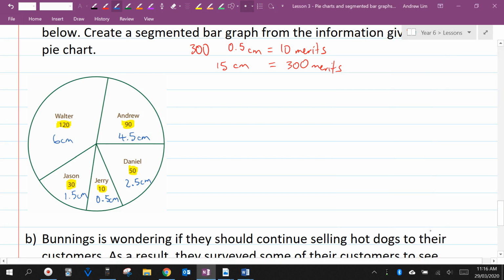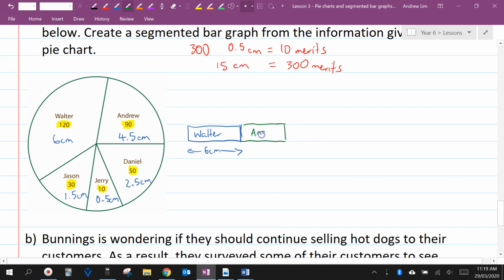That's what I want. So now what I'm going to do is I'm going to get my ruler. I'm going to measure out 6 centimeters. Okay, so just imagine that I've ruled out 6 centimeters, and that's Walter. Okay, so that's 6 centimeters long. Then I'll measure out another 4.5 centimeters. Okay, I don't actually have a ruler on me, so just do it yourselves.